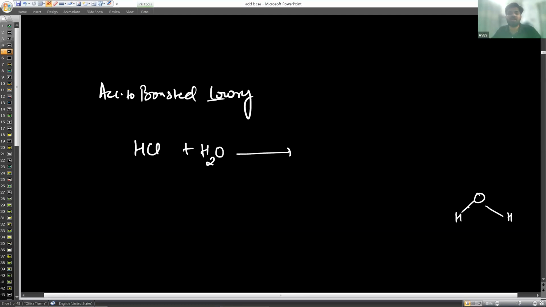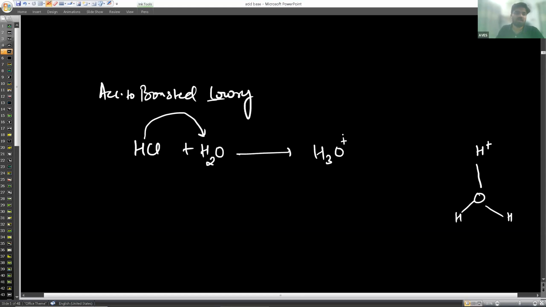You are going to study in higher classes that the water structure is bent, a V-shaped structure, okay? When you add the water, the acid will donate its H plus ion to the water and it forms H3O positive ion. It means one H plus ion will get dissociated here and will be attached with this O.